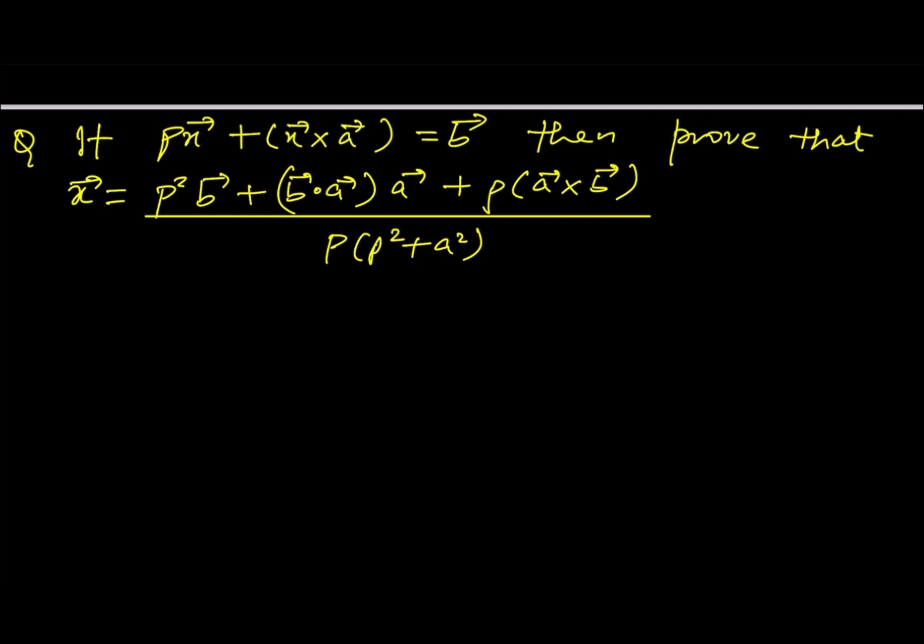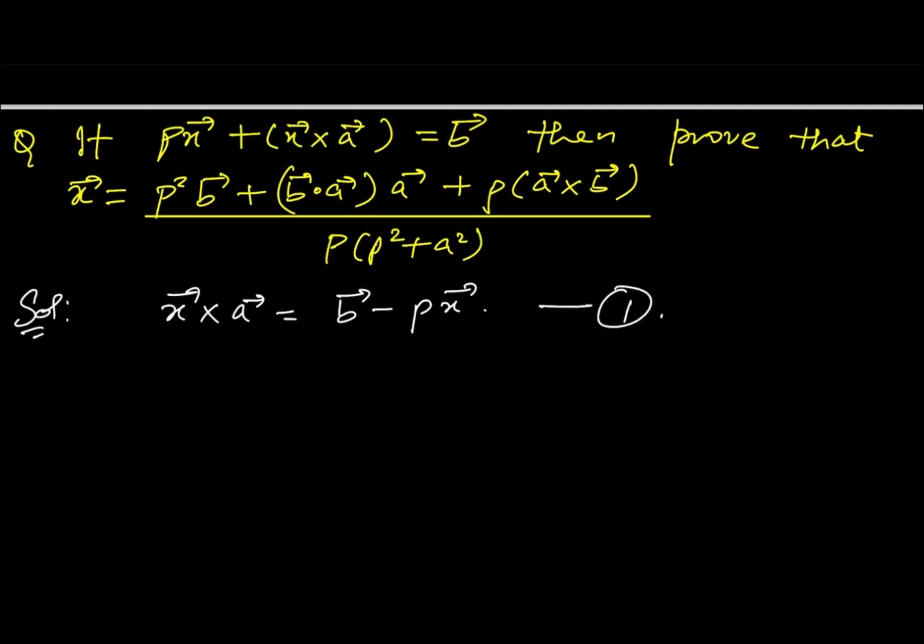We should think in this direction, right? So for this also, cross product is given. So by using this, I'm writing x cross A vector is equal to B vector minus p x vector. Okay, right? This thing I can write.